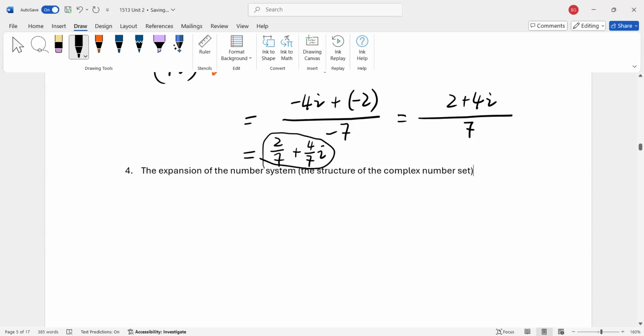At the very beginning, our ancestors only knew about natural numbers. Actually, my bad, we start from natural numbers.